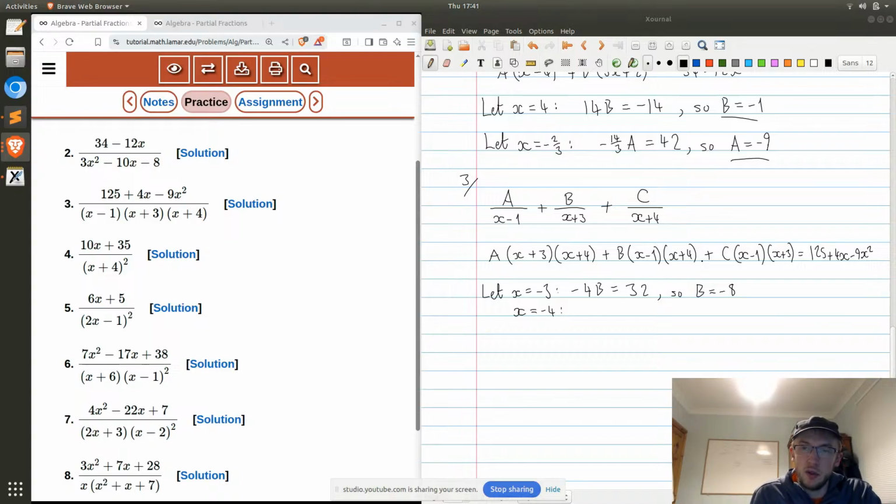First and second terms do vanish, but we're going to have -5 times -1, which is indeed 5c. 125 take 16 is 109, and then that would be 109 take 36, which is the same thing as 100 take 27.